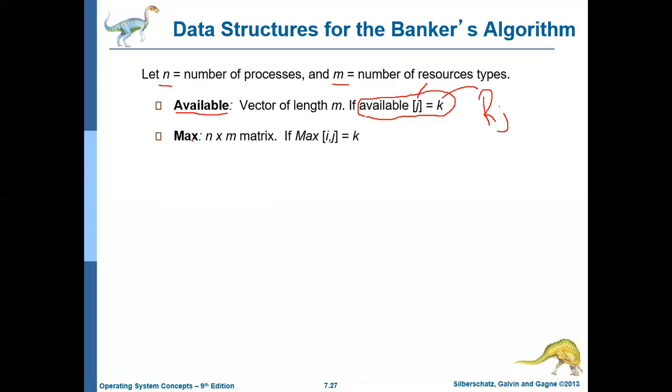The next data structure is a matrix, max. It is an n cross m matrix. We know that n is the number of processes and m is the number of resource types. So if the system contains 5 processes and 6 resource types, then this will be a 5 cross 6 matrix.